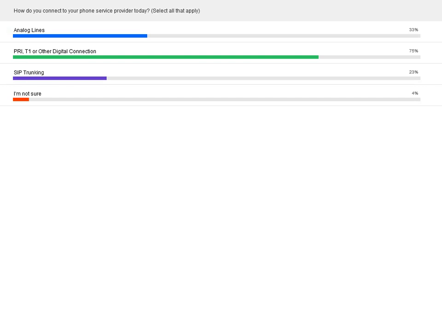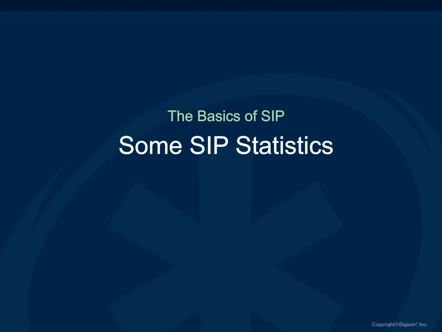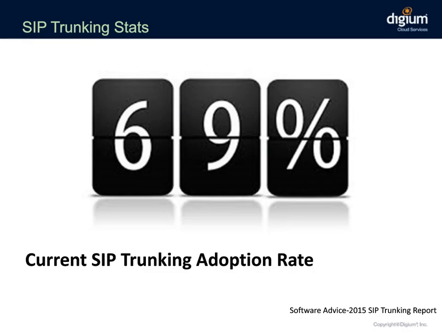So let's take a look at SIP trunking now and start with some SIP statistics to give you an idea of where SIP trunking is in the market today. Software Advice, an online publication that does lots of research studies for different types of technologies, did a SIP trunking report in 2015. They found that the current SIP trunking adoption rate based on their study is 69%.